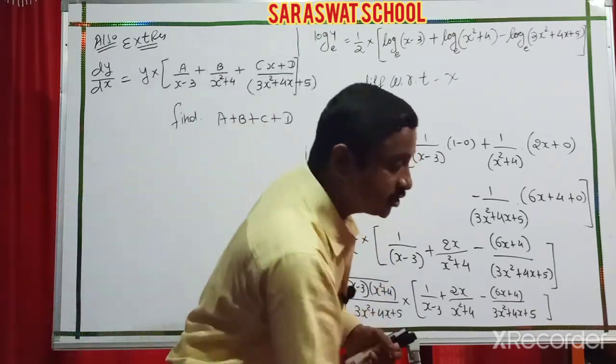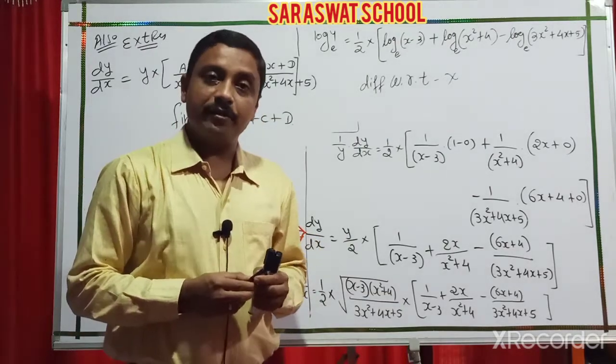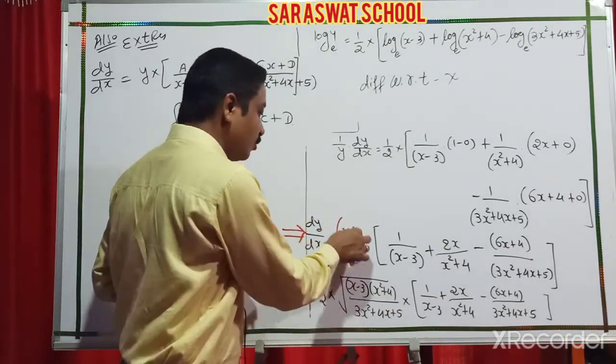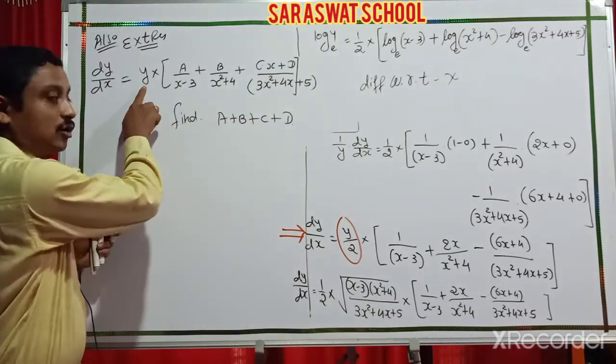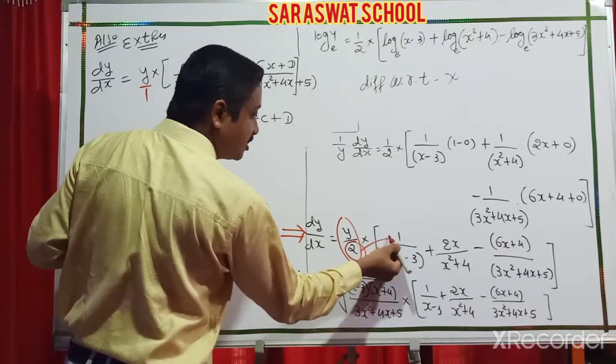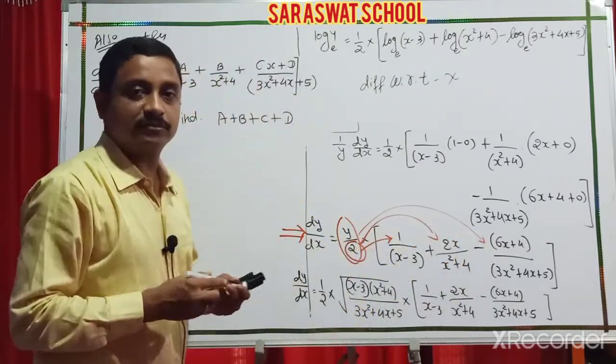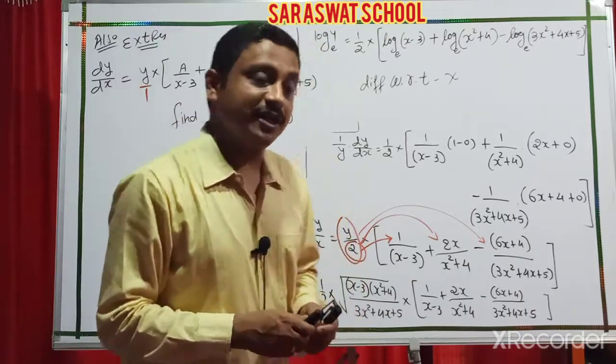Yes students. So you calculate up to these equations. Yes, this one. And check, here it is y by 2. But in the given question what? Only y by 1. It means this 2, you multiply inside, 1 by 1. So what do you get, A, B, C, D?